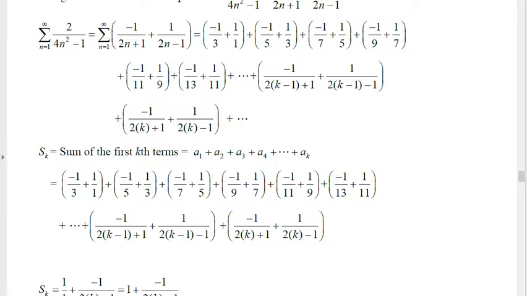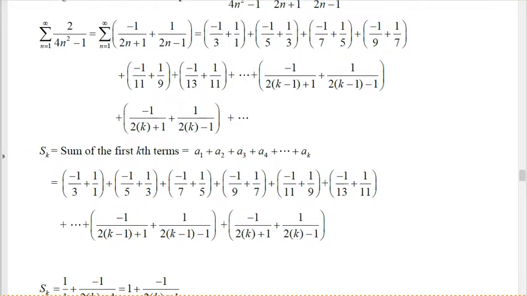But if we look at the pattern right here, we will see that this negative 1/3 and 1/3 here will be 0. This negative 1/5 and plus 1/5 will be 0. Negative 1/7 and 1/7 will be 0. And in fact, all of these will be 0.